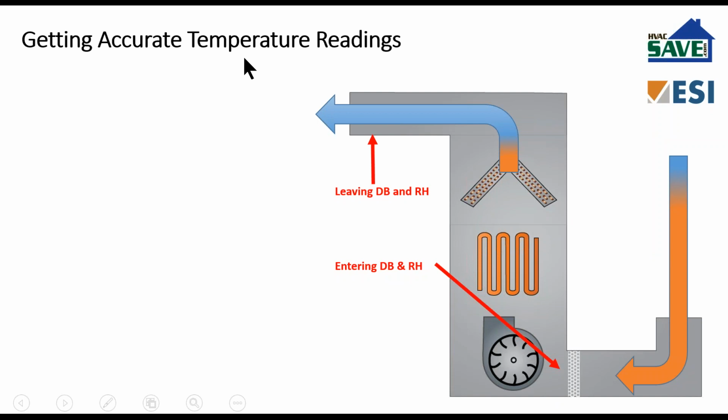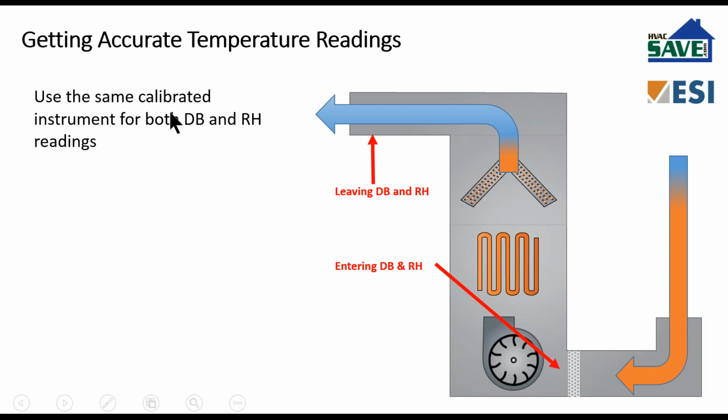Okay, there are testing faults. In addition to installation faults, there are testing faults. One that we find more often than not, fairly frequent with cool mode testing, is not getting accurate temperature readings. So let me share some stuff with you here, reinforce some elements from the original training that you enrolled in.